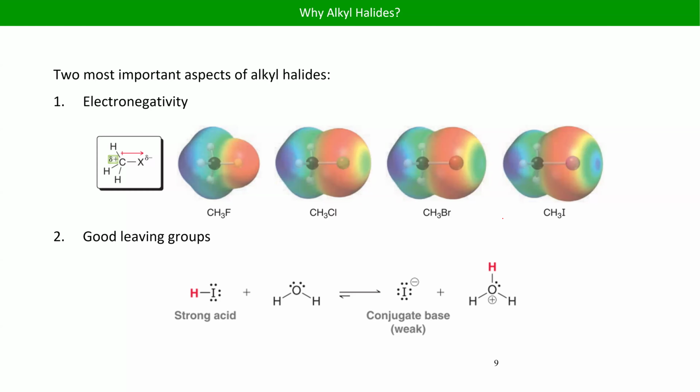So we're going to talk about that as well, because oxygen's pretty electronegative too, right? So oxygen should also be a good leaving group. But it's not as good as the halides, despite the fact that the halides actually are less electronegative. So there is something else beyond just the electronegativity going on. Because if it was just electronegativity, oxygen would be a better leaving group than all of these except for fluorine.